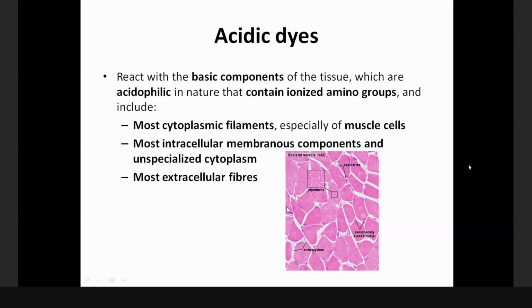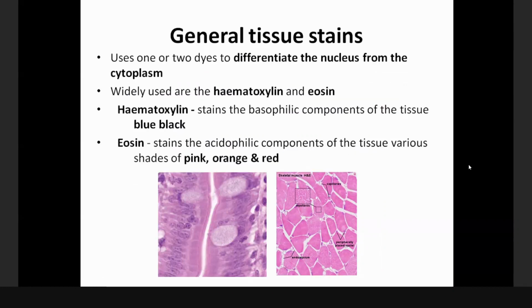They are reacting differently, so the color we get at the end of the day will be different shades of different types of coloring. Usually for acidic dyes, we have red, orange type of coloring. For basic dyes, we have blue-black type of colorings. So that's what stainings are.